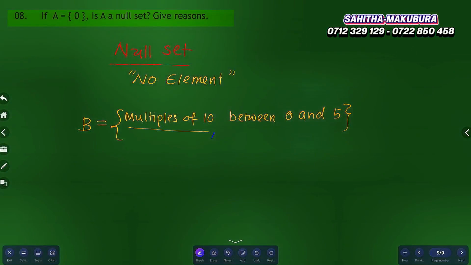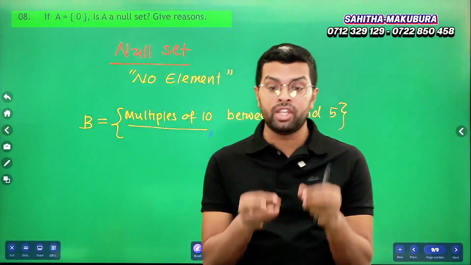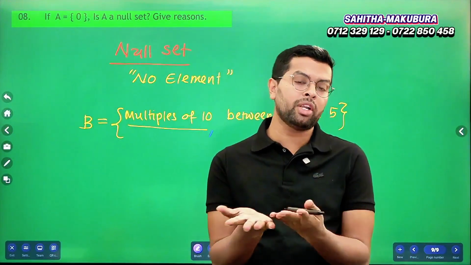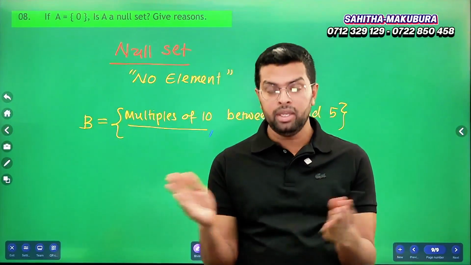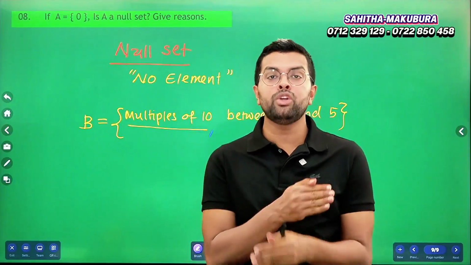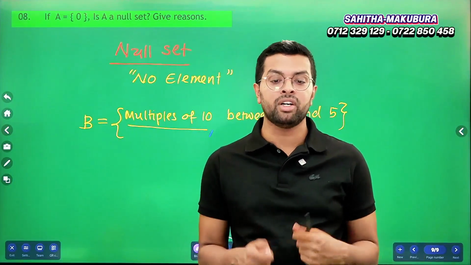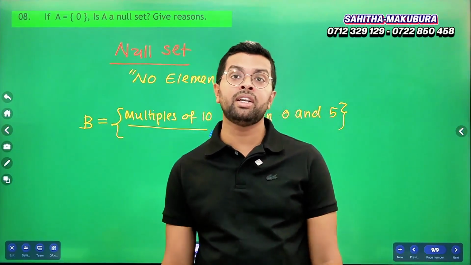Yes: 10, 20, 30, 40, 50, 60, 70, 80. But do we have multiples of 10 between 0 and 5? No, we don't have any. So this set is a set where you do not have any element. That kind of set is called a null set.